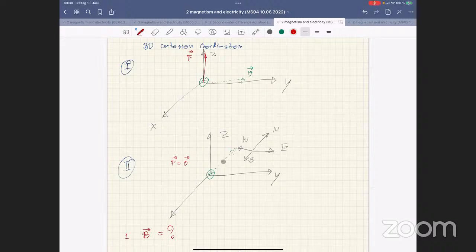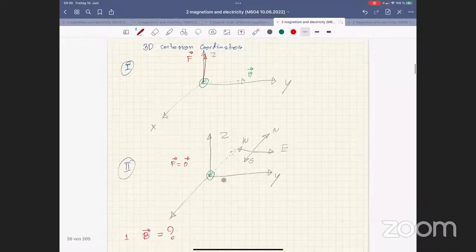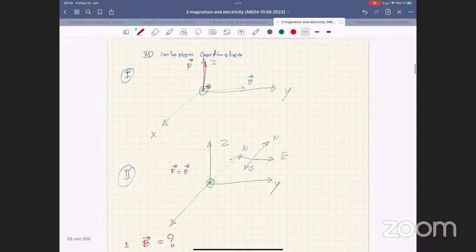What should the vector B be? Of course, you know that the Lorentz force is computed by F equal to Q V cross B, right? You start from V to B, and then you get the vector F.